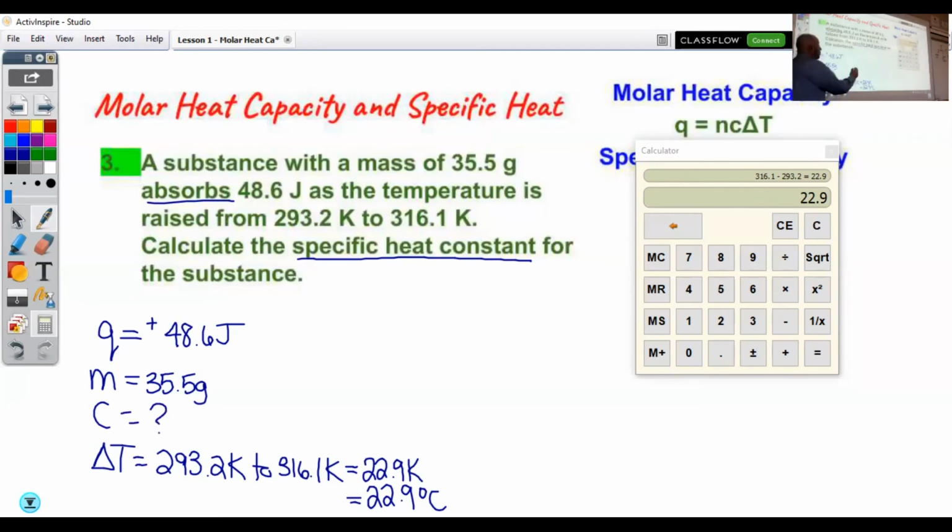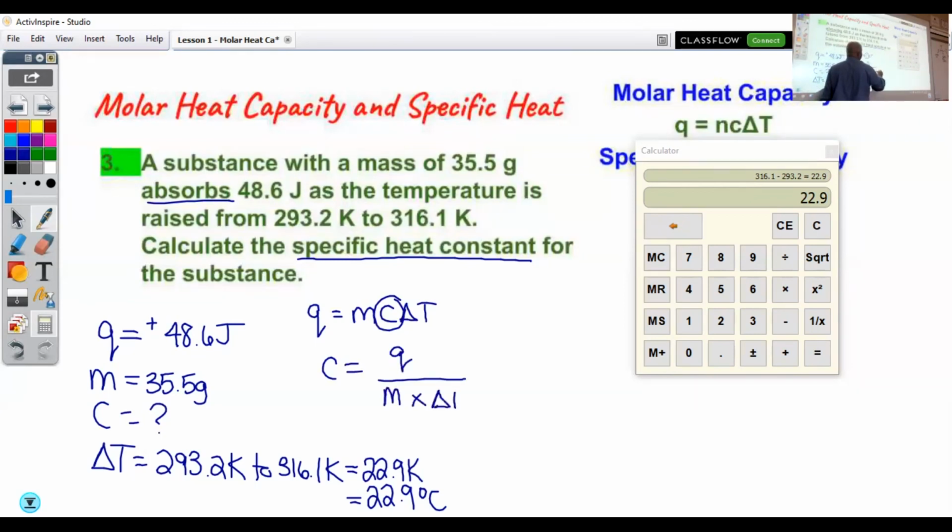So we're going to begin with our traditional equation, Q equals mCΔT. This time we're solving for C. So C is going to equal Q divided by m times ΔT.